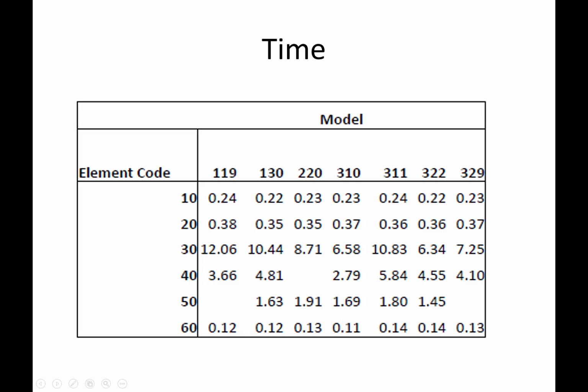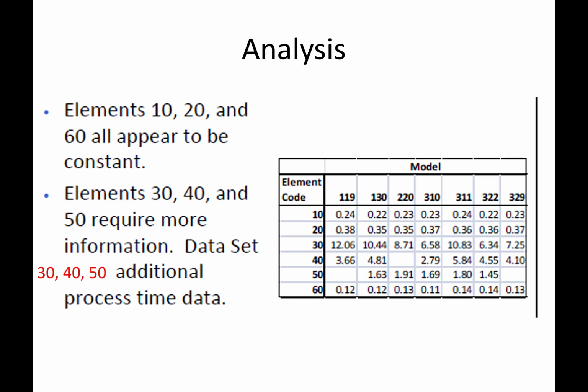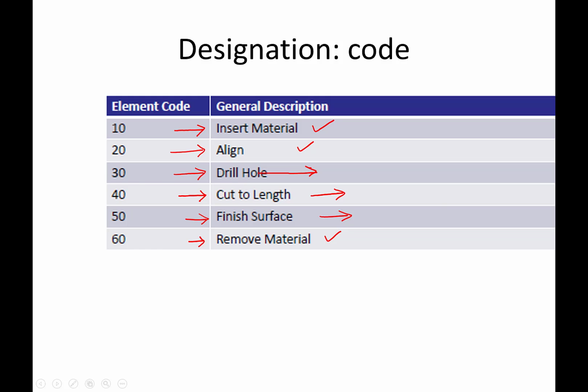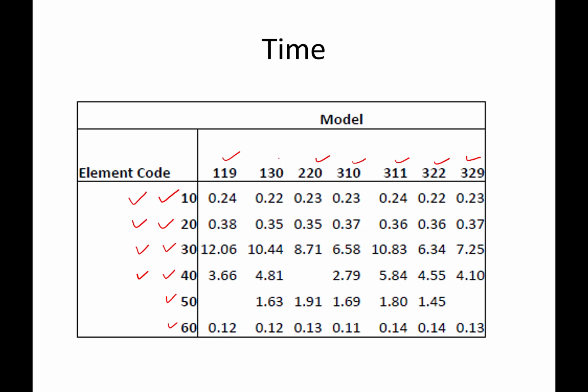Now in a company, there are different models of a particular product, and these elements are repeated in all these models. So elements are the same: insert the material, align the material, drill the hole, then 40 was cut to the length, finish the surface, and then remove the material.